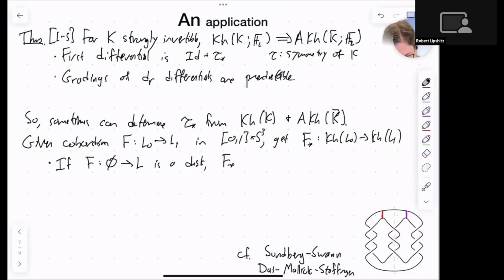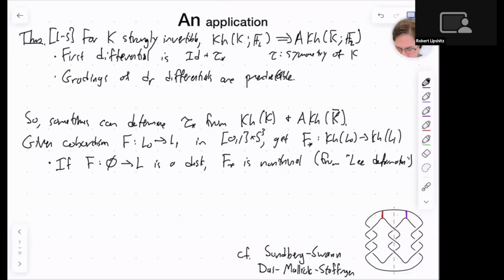So this map F star is non-trivial. That comes from thinking about the Lee deformation. Okay, so those are all the ingredients that are needed for the application. I didn't say any of them particularly precisely.